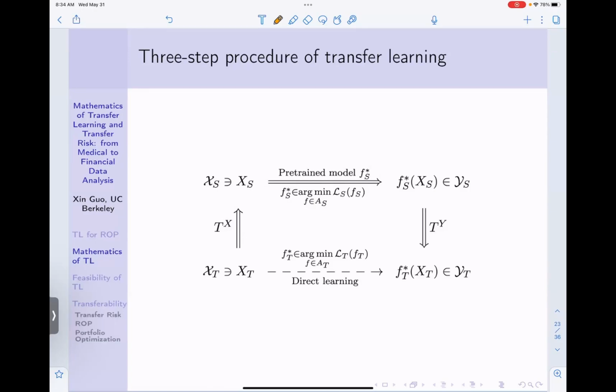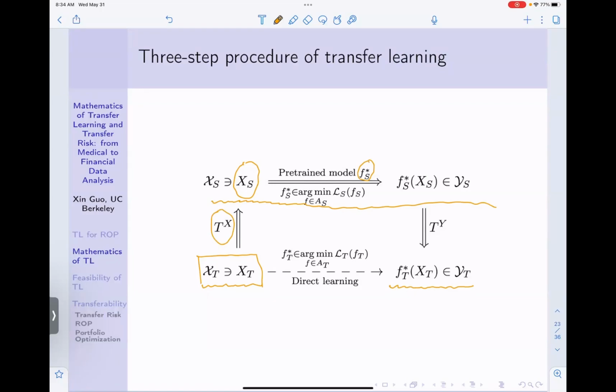Instead of going from the target task with the data all the way with direct learning to find the best model that gives you the right label, what you do is, you have a source task and you have the source input, the image here, and you already have a model that you know, F star S. The first step is what we call the input mapping.